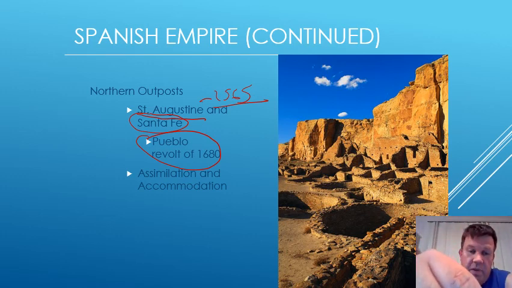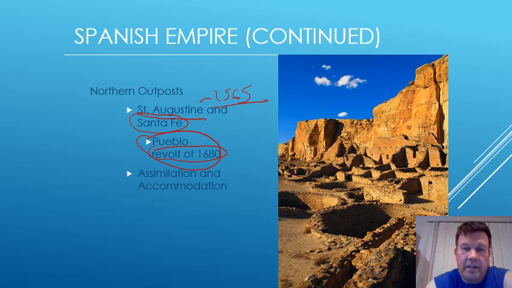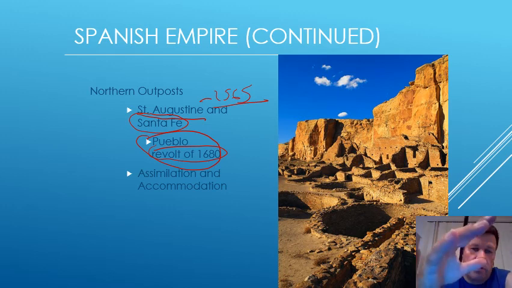Whenever the native peoples have some sort of small victory, some sort of victory in some sort of revolt, the whites, or the Americans, or the British colonists, whoever it is, ultimately later come back and reestablish control.